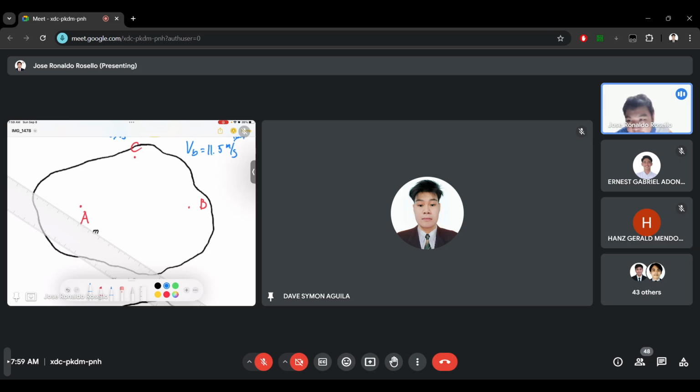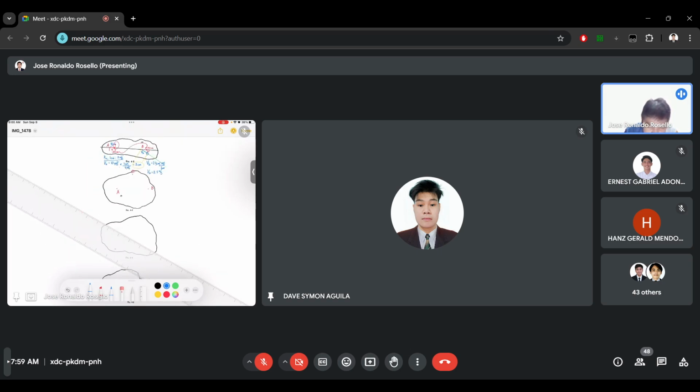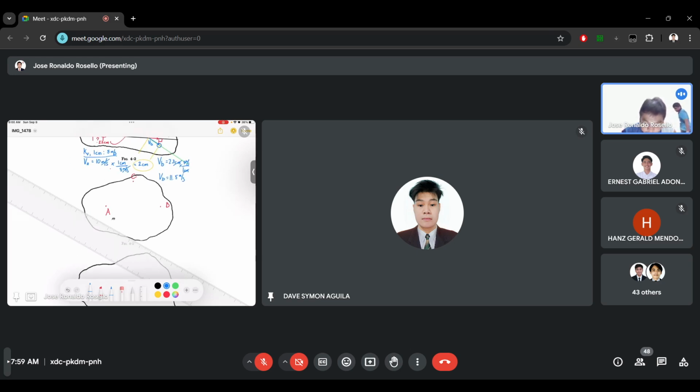Problem. Determine the velocity at point B and point C, given that the velocity A is a vector. Let's compute.